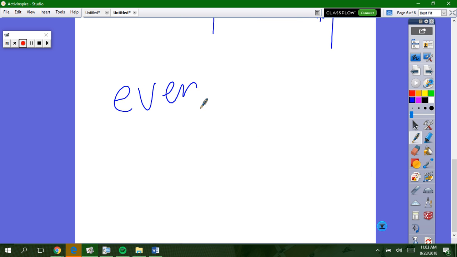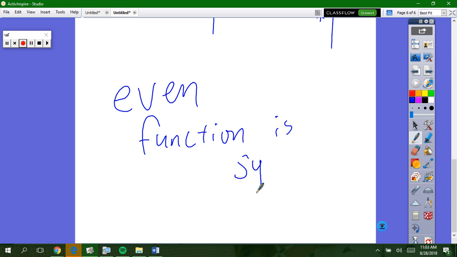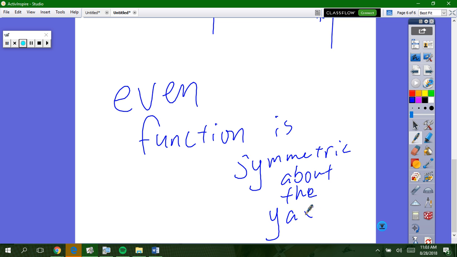Even function is symmetric about the y-axis. Okay, exactly what Daniel just said, if you guys want to write that in your notes as well, odd functions are symmetric about the origin.